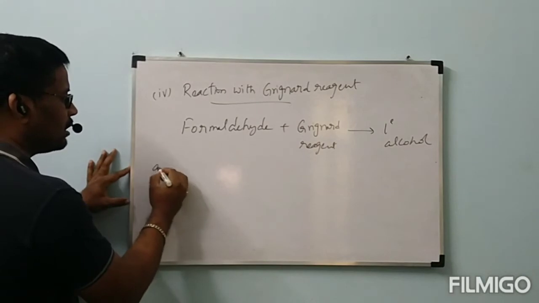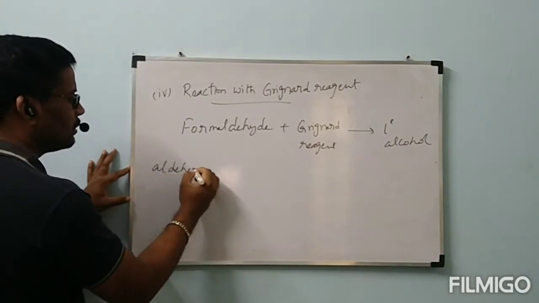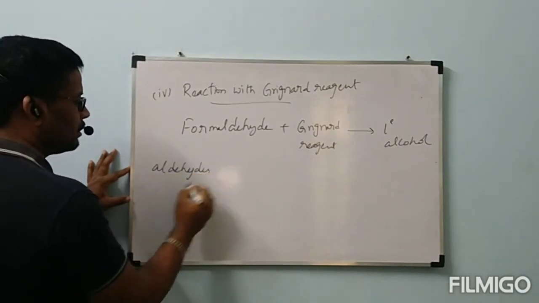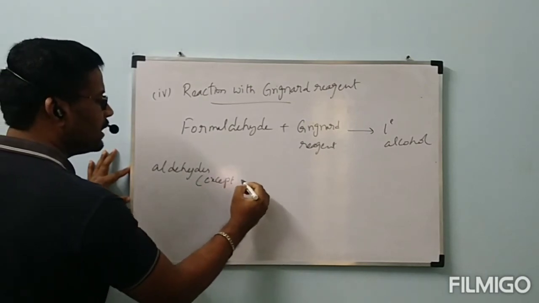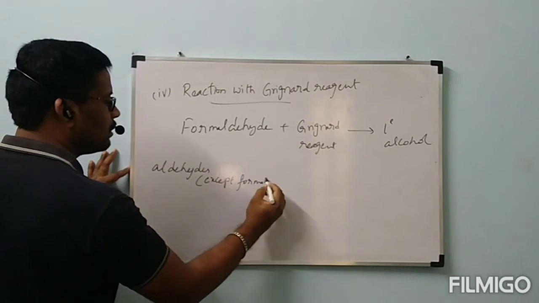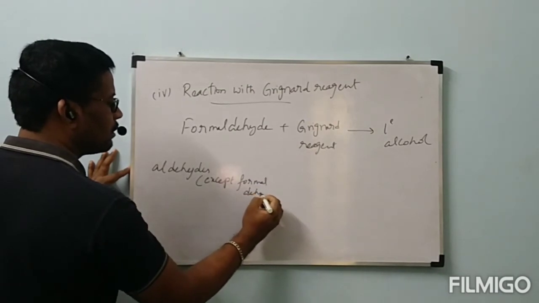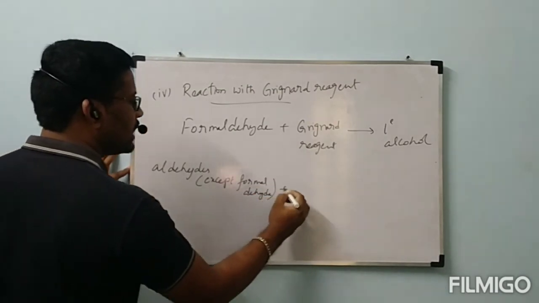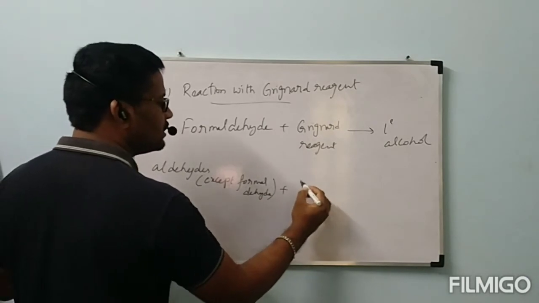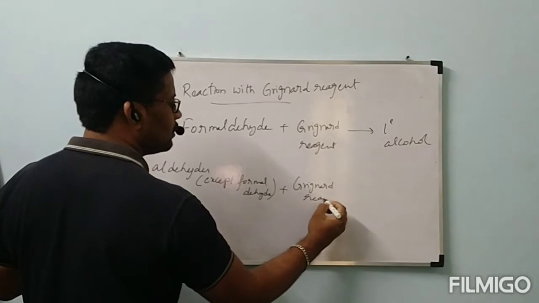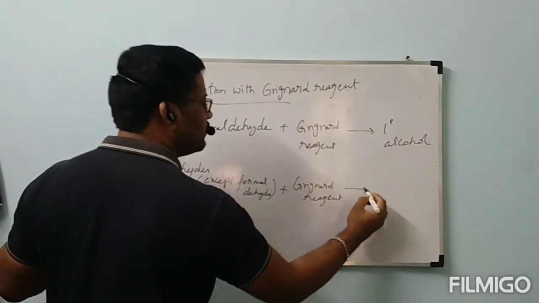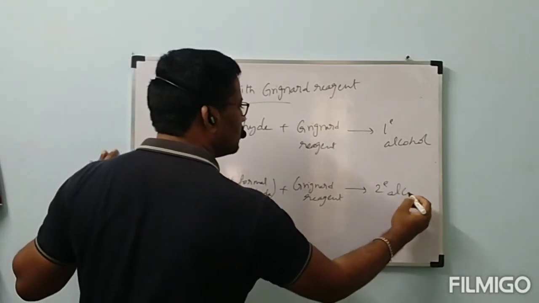Next, aldehydes except formaldehyde react with Grignard reagent, and we will get secondary alcohol.